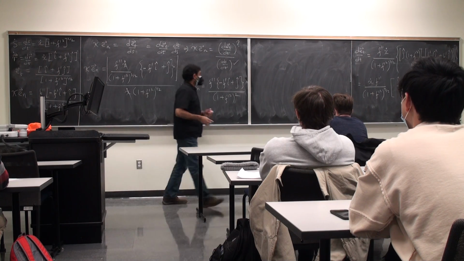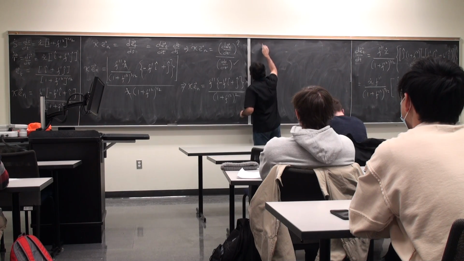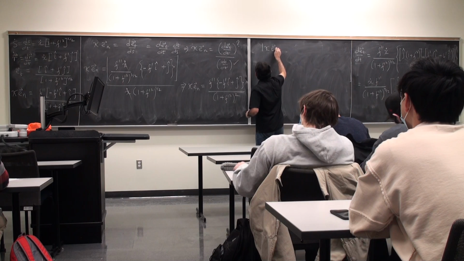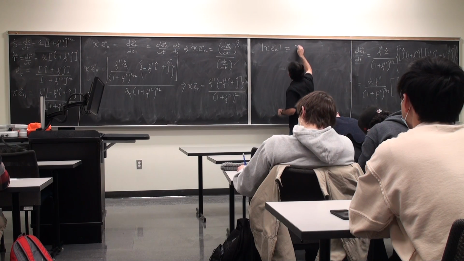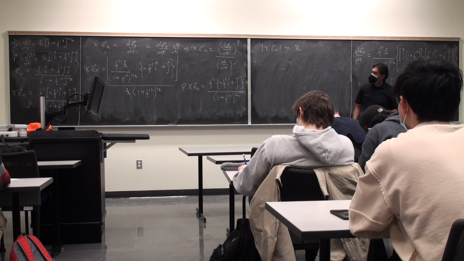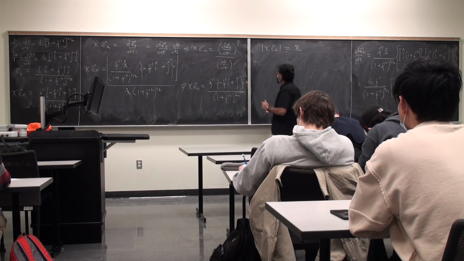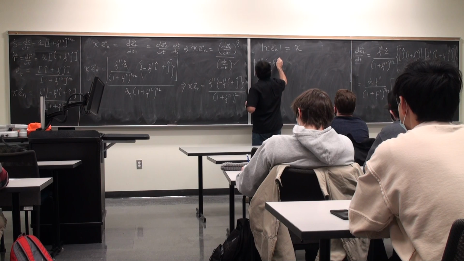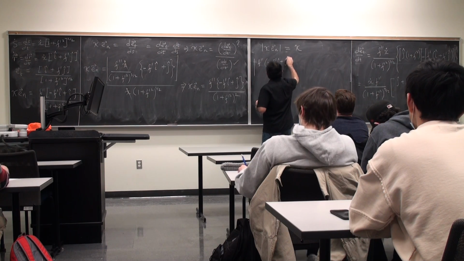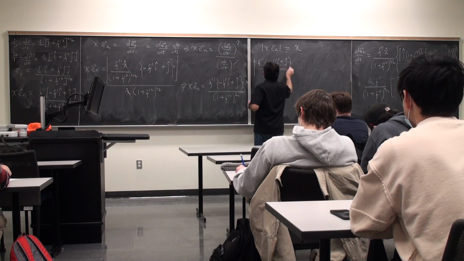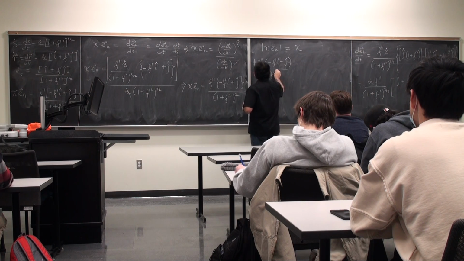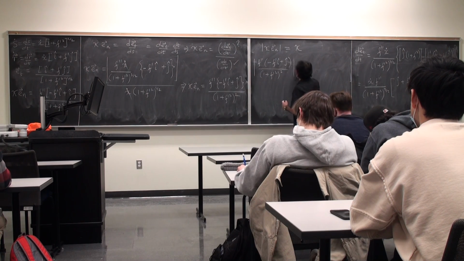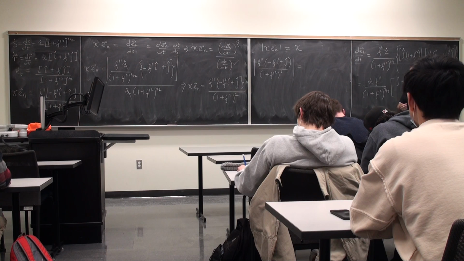Okay, so let me do that next. The magnitude of kappa En is kappa. Now the magnitude of the term on the right hand side: this magnitude is f double prime.